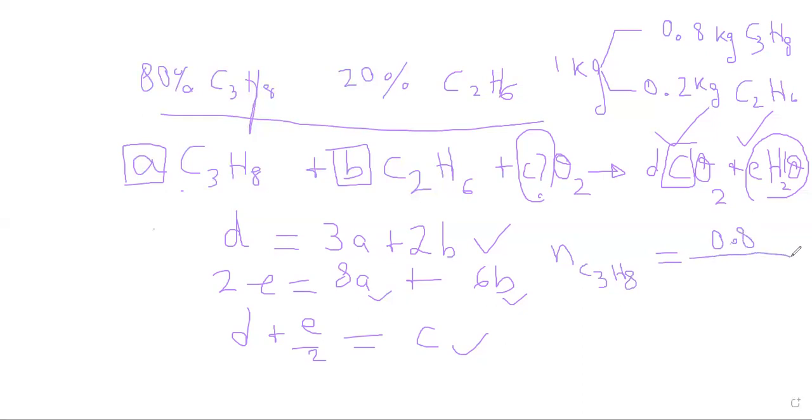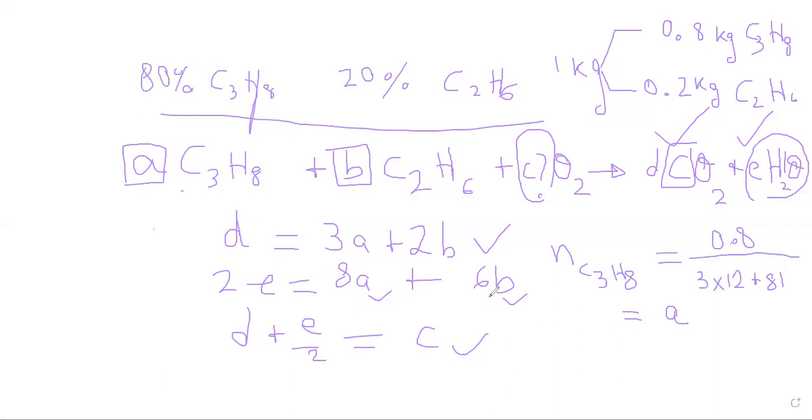To get the molar mass, you do 3 times the molar mass of carbon, which is 12, plus 8 times 1, because the molar mass of hydrogen is 1. So this is how you can convert. This will be for A. This represents the number of kilomole of C3H8 that you have.